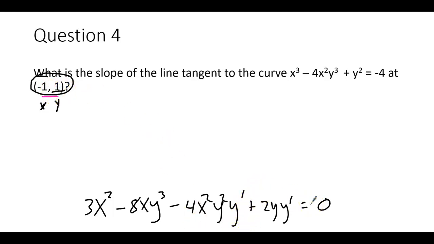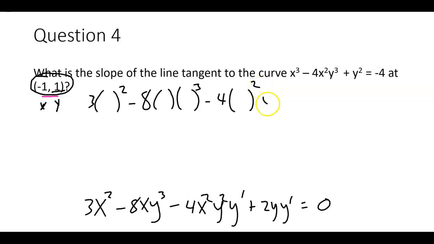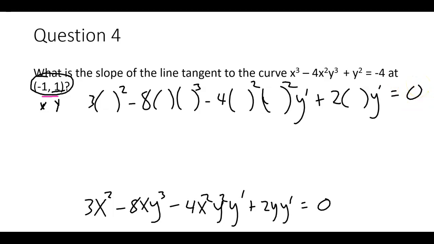Okay, so let's go ahead and plug some stuff in here. So 3x squared minus 8xy cubed. So I'm just going to put blanks everywhere I see an x or a y, but I'm going to leave everything else in there just the way it is. And so for the x's, we're plugging in -1.